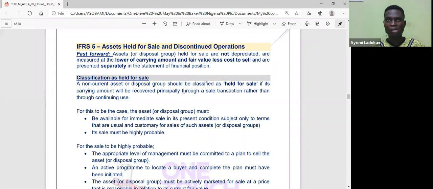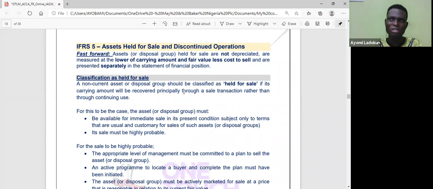If I hold an asset for capital appreciation or to earn rental income, which is always land or building or part of them, I apply IAS 40. If I hold an asset in the ordinary course of business for sale, that should be inventory, so I apply IAS 2.